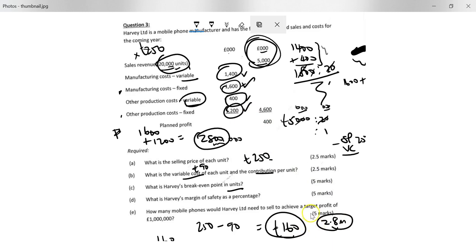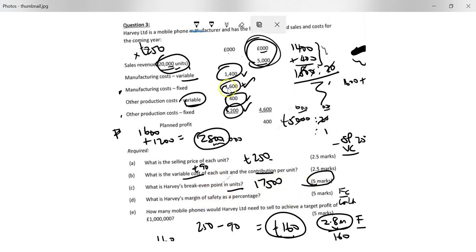So it must be 2.8 million divided by 160. Fixed cost divided by contribution, divided by 160. And that's 17,500. 5 marks, a big question.